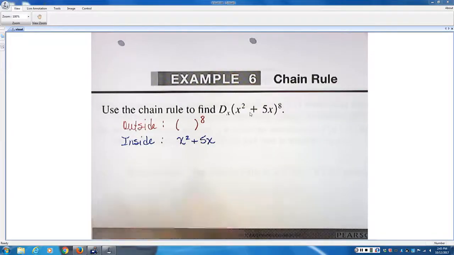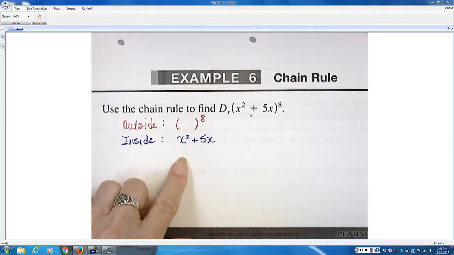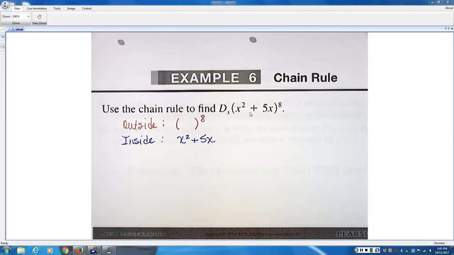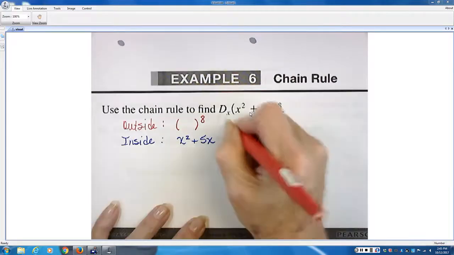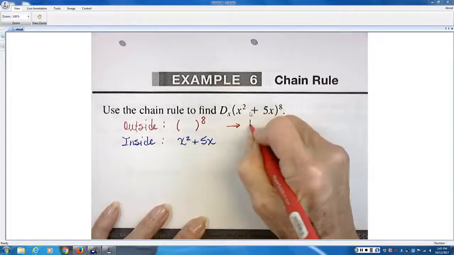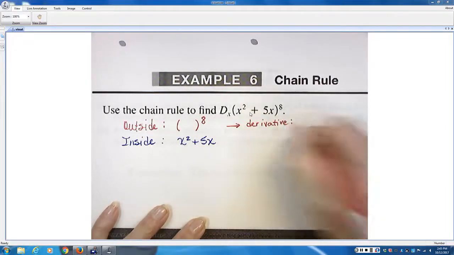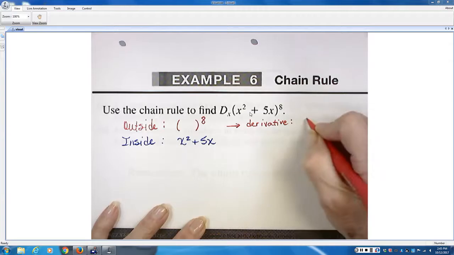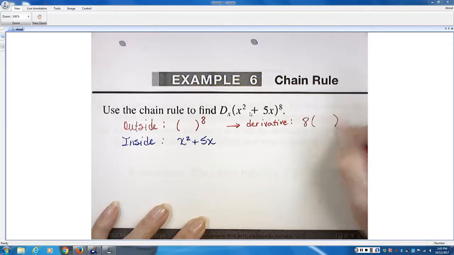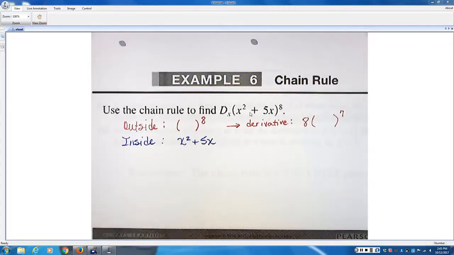Okay, does everybody agree so far? Okay. Take the derivative of both of those. Parentheses to the 6th times 7. Okay. And that's exactly what I want you to write. I don't want you to put anything else in those parentheses. Just leave them alone for now. Okay, we can plug in later. Take the derivative of your inside.